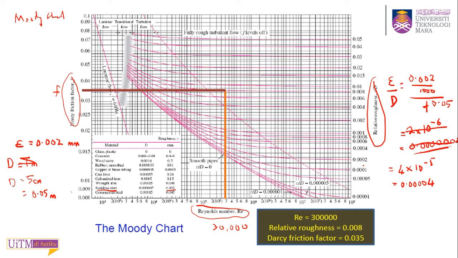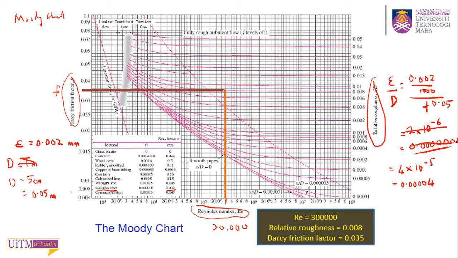So this is your relative roughness. When you calculate the Reynolds number you get 30,000 and your relative roughness is equal to 0.0004. So what you do from this chart is find the Reynolds number first, 30,000 here. This is 10 to the power of 3, 4, 5, so your 30,000 is here, 3 times 10 to the power of 4.